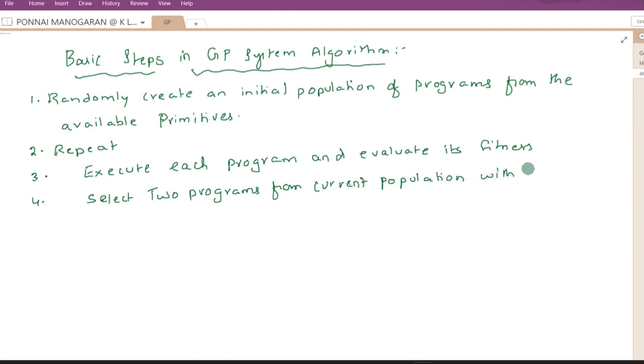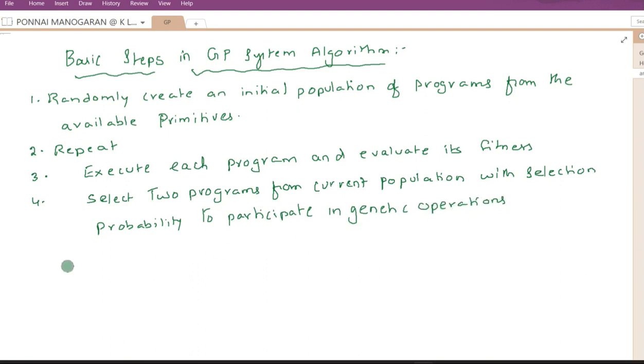This selection probability is calculated with the help of fitness values. We have already seen the genetic algorithm. Here also the same thing, with selection probability to participate in genetic operations. We will see how genetic operations are applied.